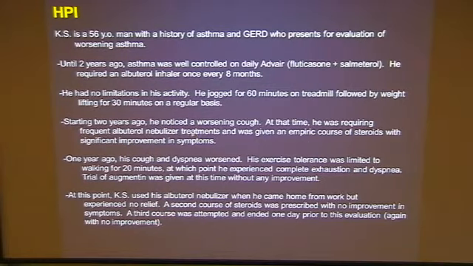He started to use more albuterol to treat the cough and was given an empiric course of steroids, and at that time felt better. But then about a year ago, the cough worsened more, and he became more short of breath. His exercise tolerance decreased dramatically. He was now able to only walk for 20 minutes, and at that point was exhausted.